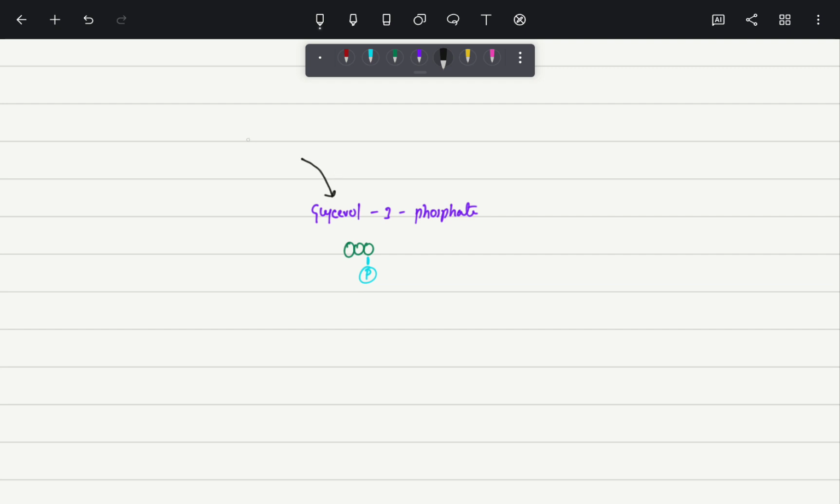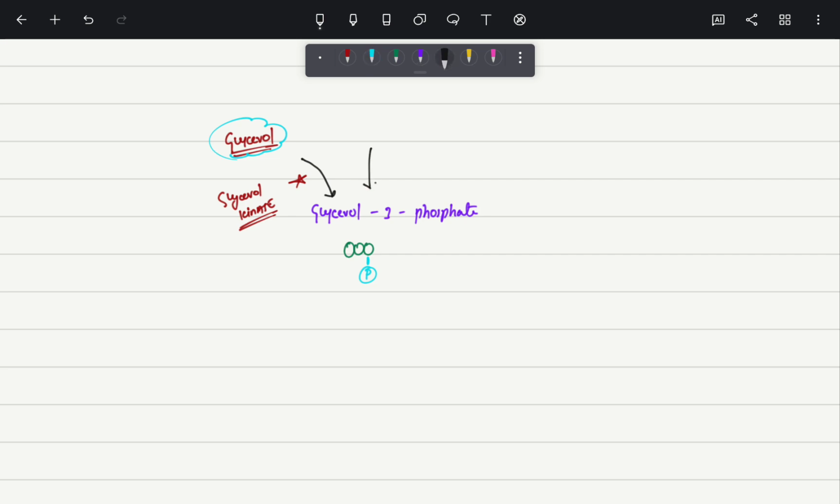It can be synthesized from direct glycerol by the enzyme glycerol kinase. So glycerol kinase can convert the glycerol into glycerol 3 phosphate.